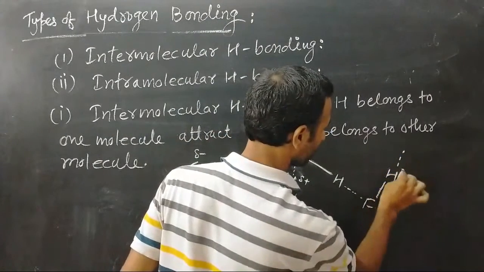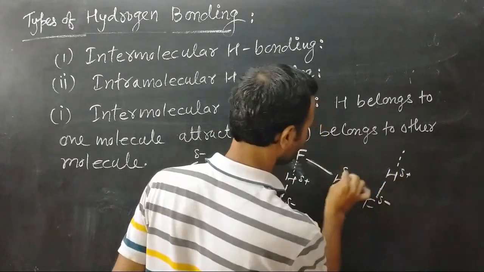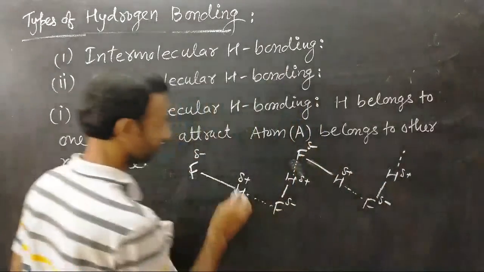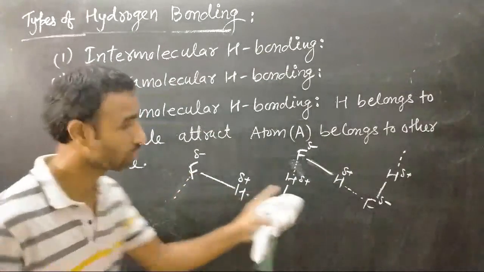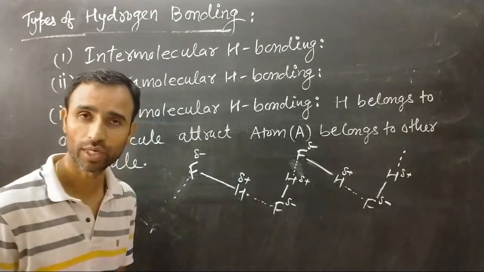Partially positive, partially negative, right? It is like this. So that is called intermolecular hydrogen bonding.